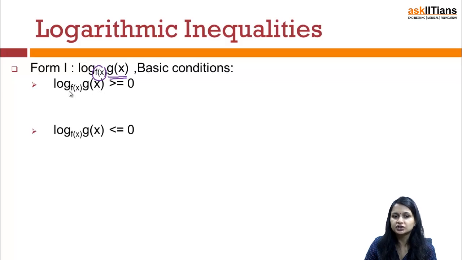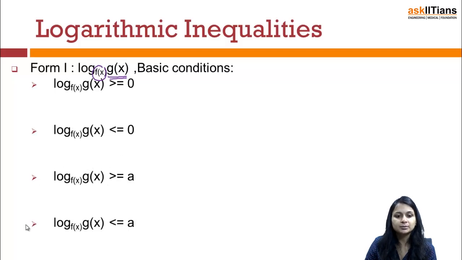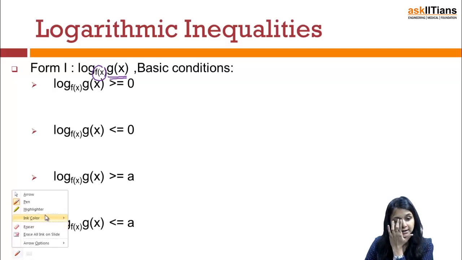I can have log g(x) to the base f(x) greater than or equal to 0, or less than or equal to 0, or greater than or equal to some number a, or less than or equal to a. So let's see how we handle each case properly.